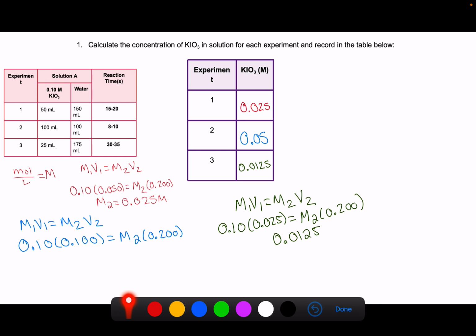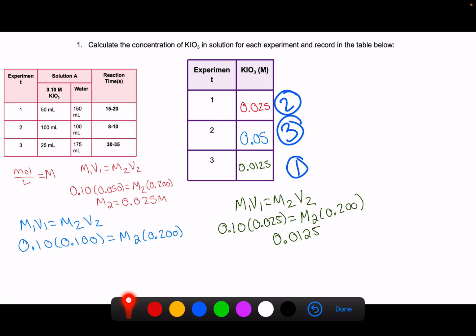So we had to rank these in concentrations. This is my weakest, this is my second weakest, this is my third strongest. Or rather, this is my weakest, middle, and strongest.